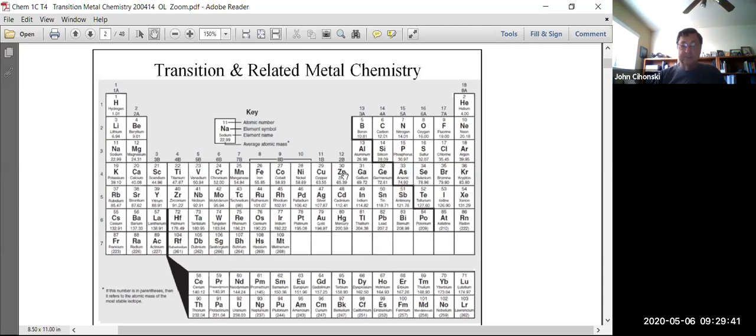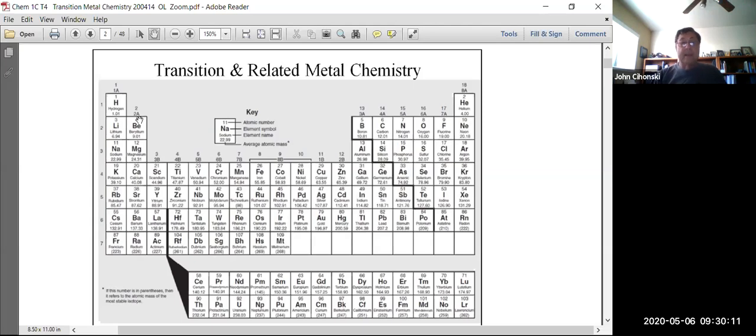Now, when we talk about transition metals, as I alluded to, we generally are talking about this block of metals. Now, they fall between basically the group 2 metals and group 13. And that can be labeled a couple of different ways. As you can see here, it says group 2 or 2A, and then we have 3 or 3B.